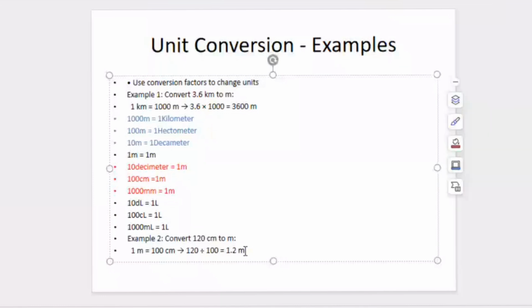So this is just like a simple hack, if I will call it that. When you're moving from a lower unit to a bigger unit, you divide. When you're moving from a bigger unit to a smaller unit, you multiply. And what are you multiplying with? These factors behind each of these units here, 10, 100, 1000. That's the hack.